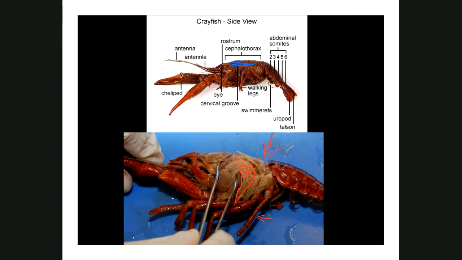Right. So here's the tail. And note the tail is highly segmented, right, which seems to be an ancestral or primitive characteristic. You find that in scorpions, but you don't find it in spiders.